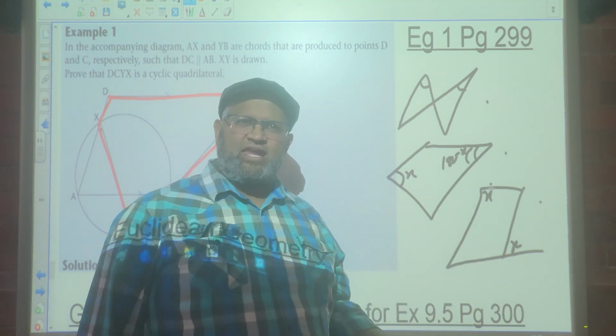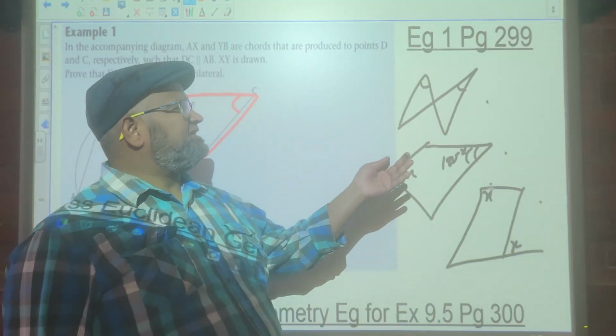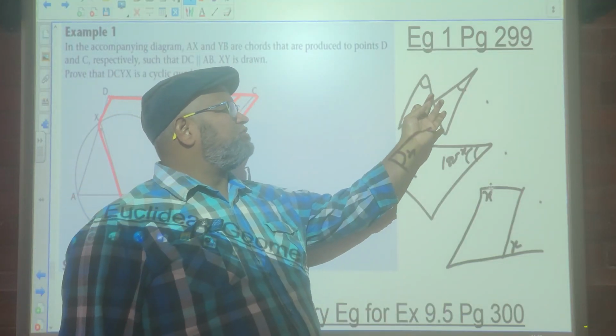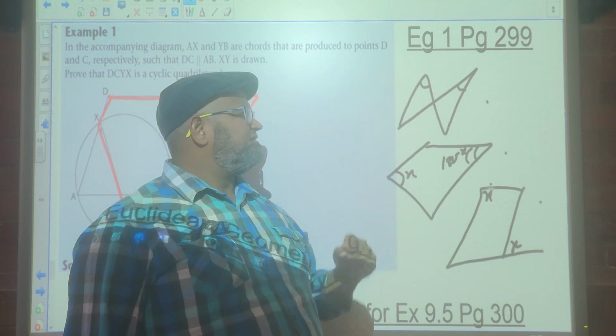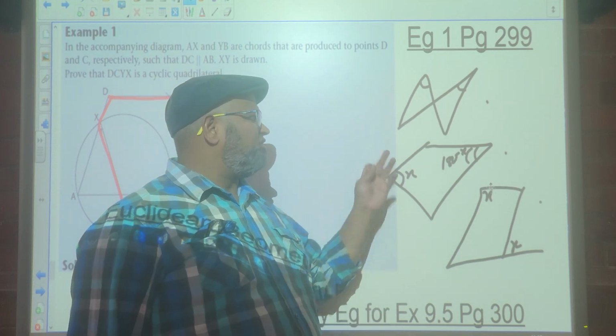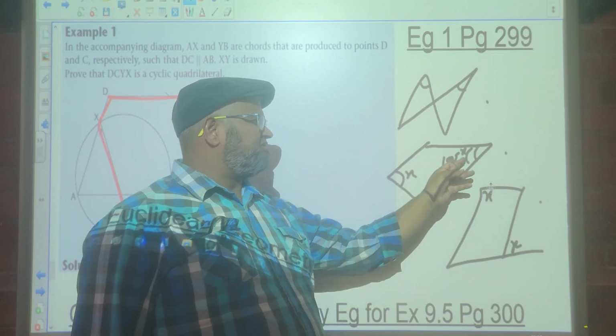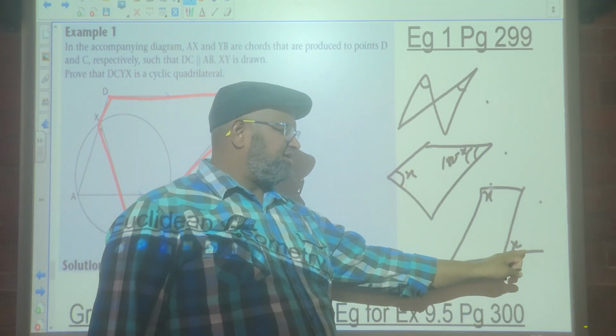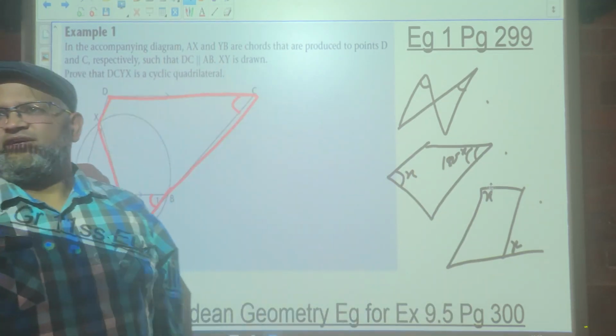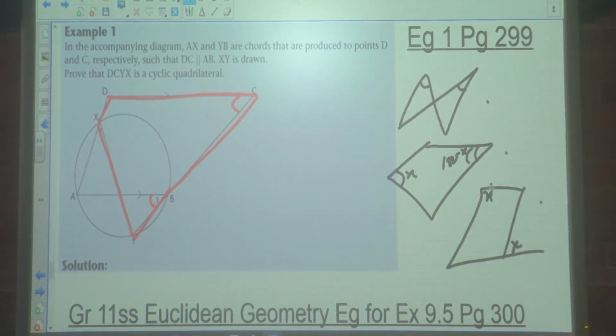Or you can use the other reason, which is equal chords obtain equal angles on the same side, or equal arcs obtain equal, right? This one's going to be opposite angles are supplementary, or this one's going to be exterior angles equal to the interior opposite. If you don't want to use the word converse. Okay.